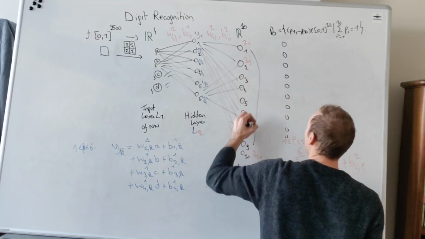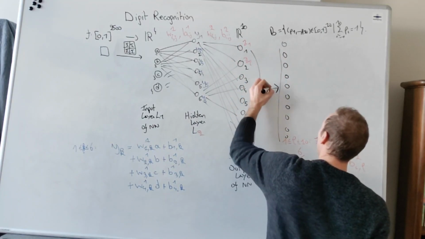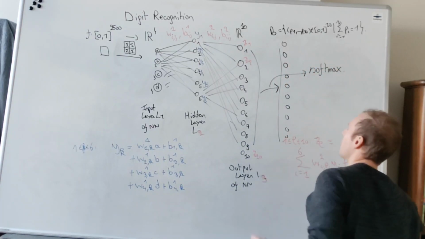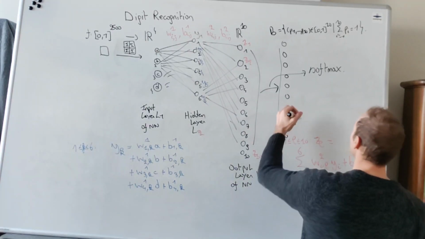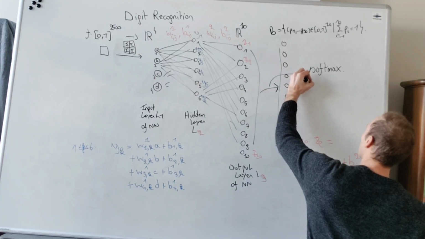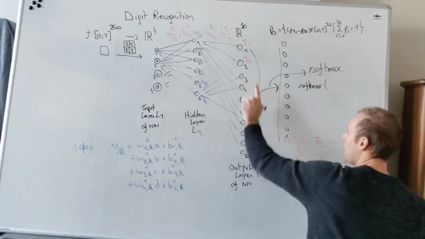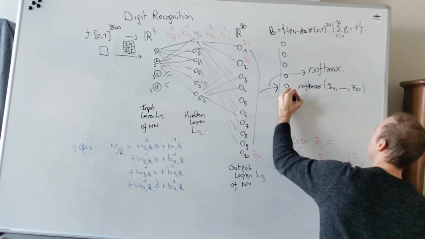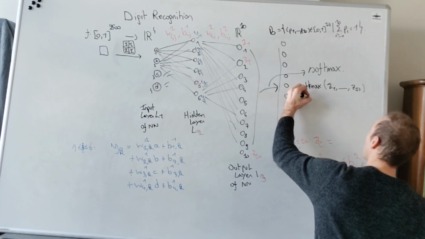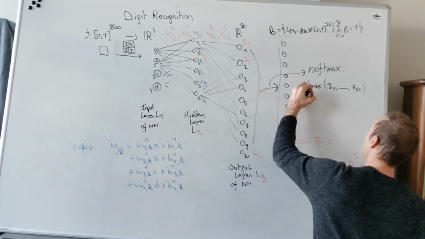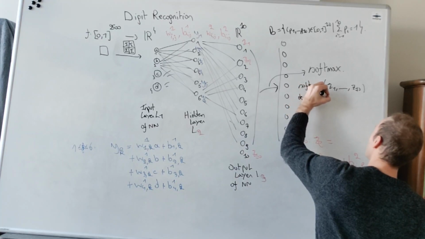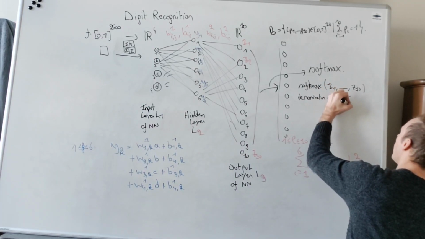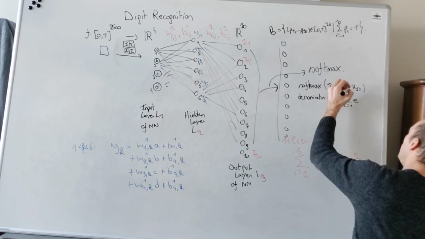And this block here is mapped to this here, and this is what we call the softmax. The softmax of these 10 values z1 all the way to z10 is just, well, we have a denominator, which is the sum from 1 to 10 of e to the power minus z_i.